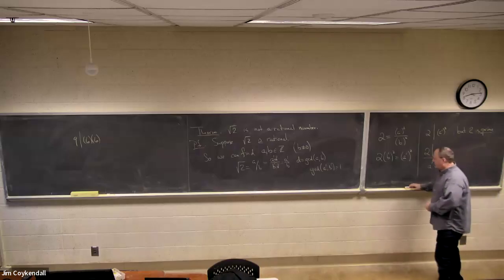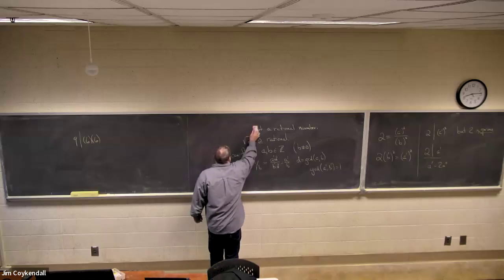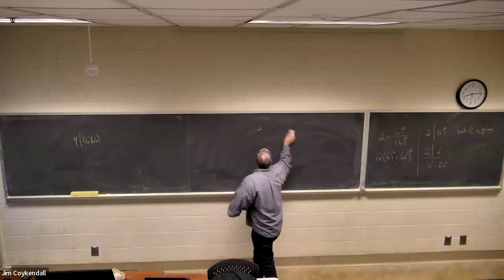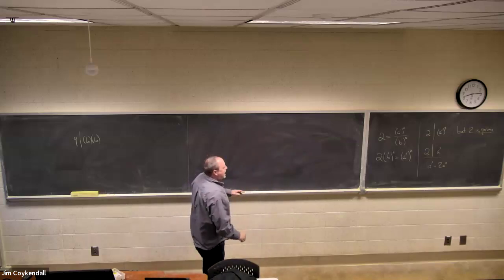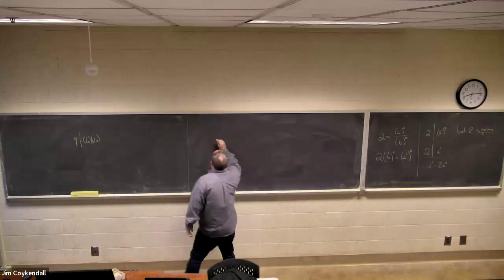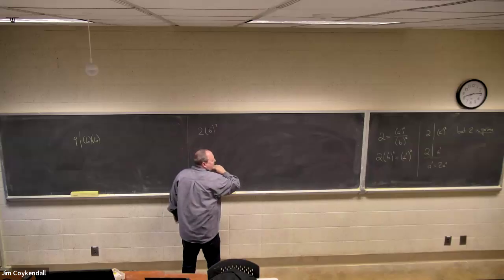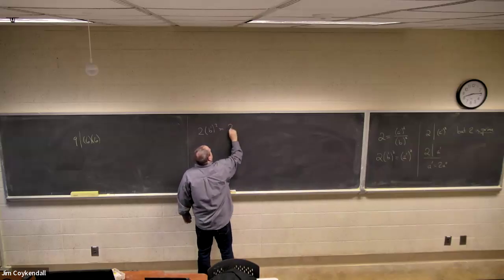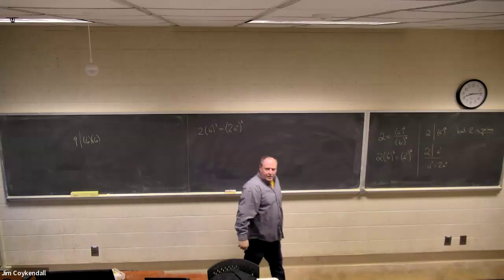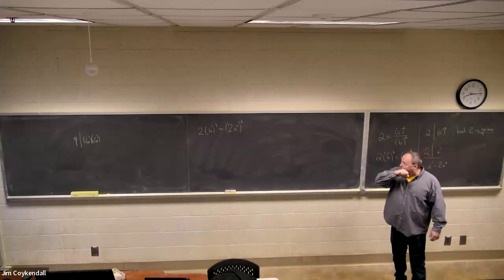So let's go back to this equation. So now I can rewrite this as 2 times, replacing that a with 2a prime, right?